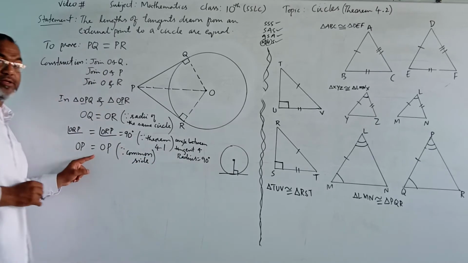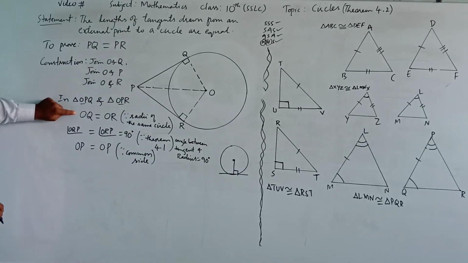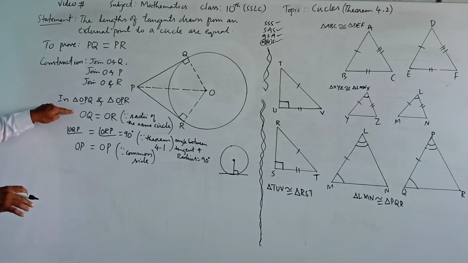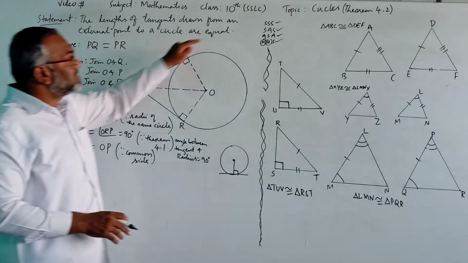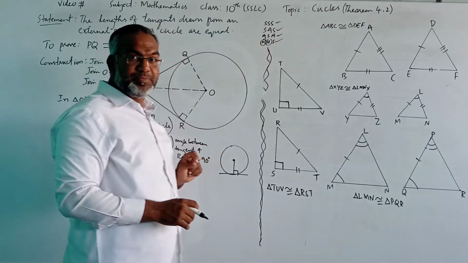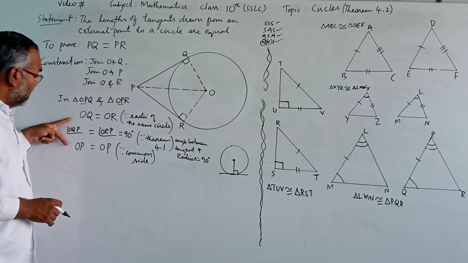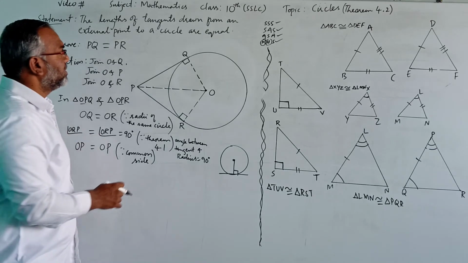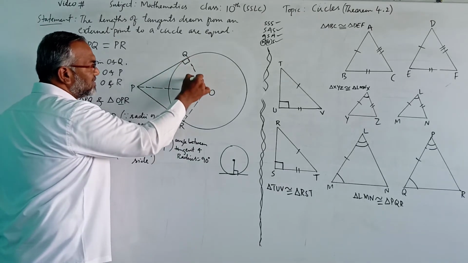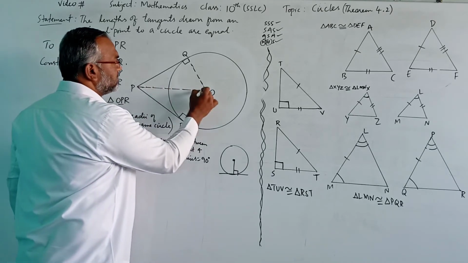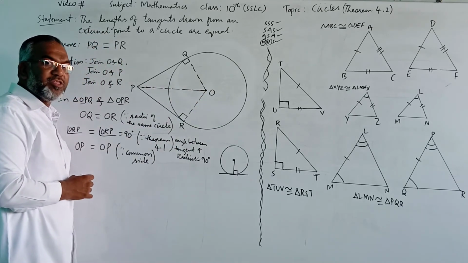Now what happened here? SAS is happening here. Side angle side. Two sides are equal and the angle between them. This is one side and this is another side, and the angle between them is also equal.